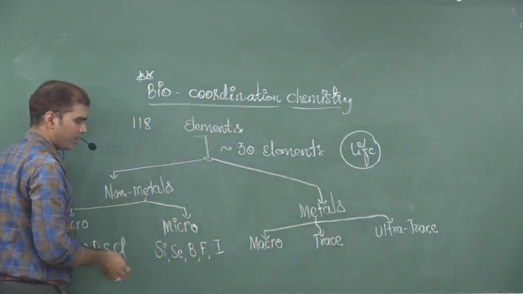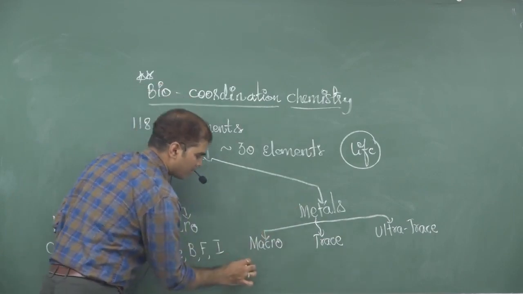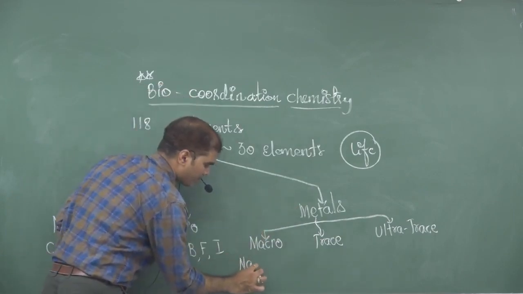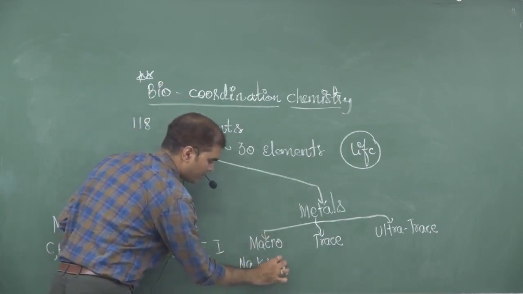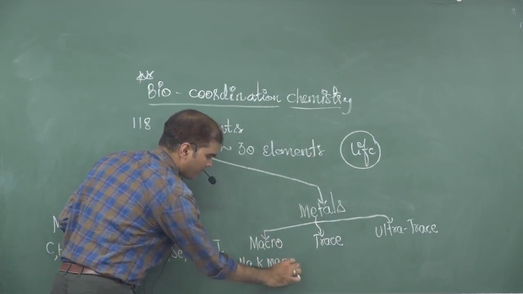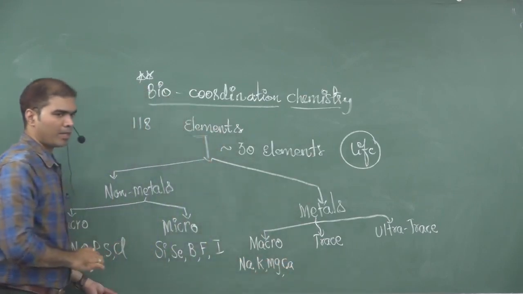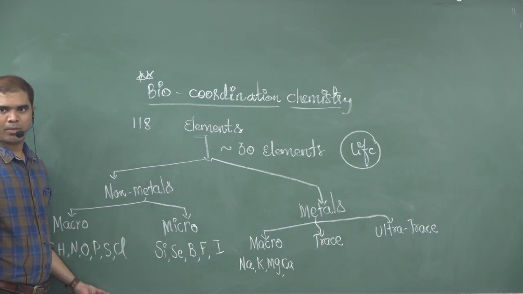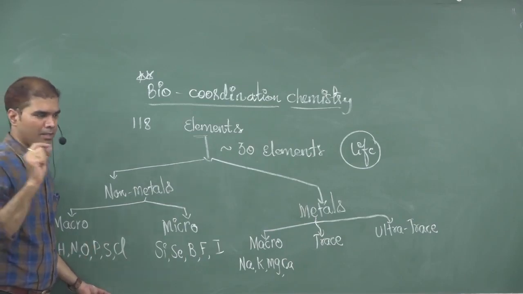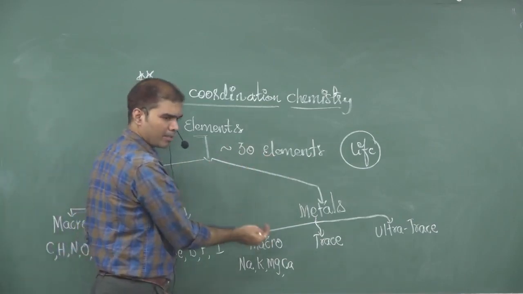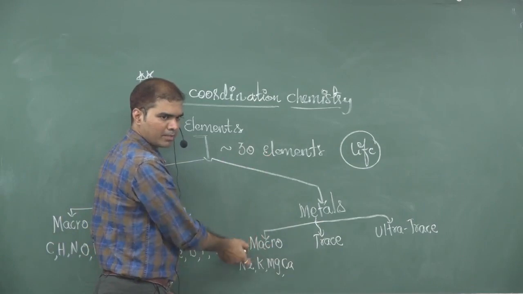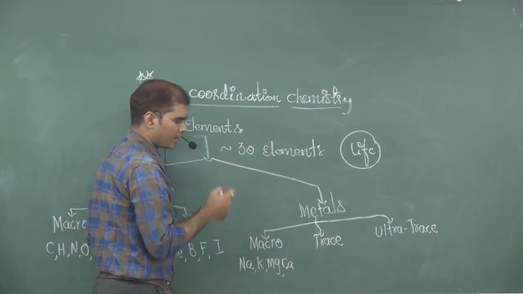Okay. So any macro metals? We have sodium, potassium, magnesium and calcium. They come under macro metals. The amount is very small, but still within the metals we call them macro. It means within the metals these will be in higher quantity.